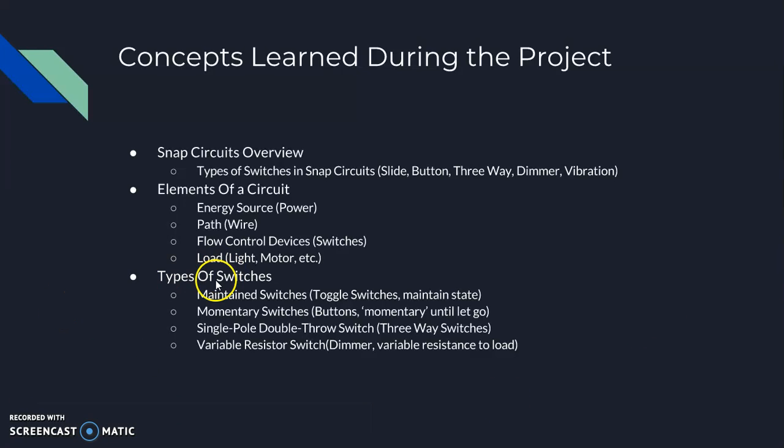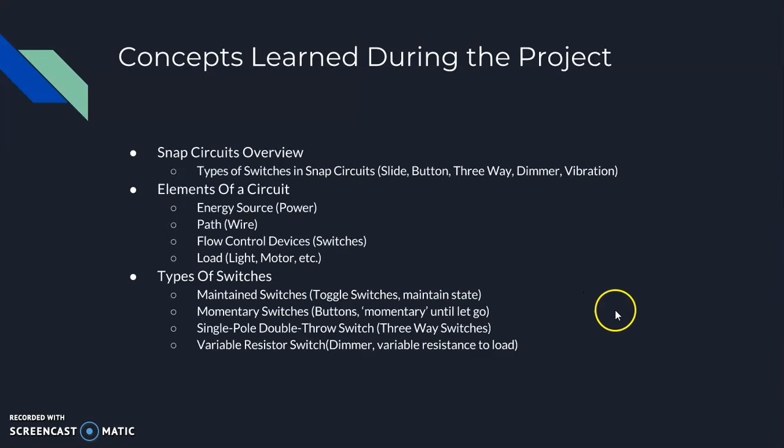Types of switches. We have maintain switches. These are switches that you toggle. They have an on state and an off state, and it stays in one until you switch it again. These are generally the slide switches that I talked about a minute ago, the ones that you hit up or down, like a light switch. Then there are momentary switches, which are on only while being pressed, until you let go.